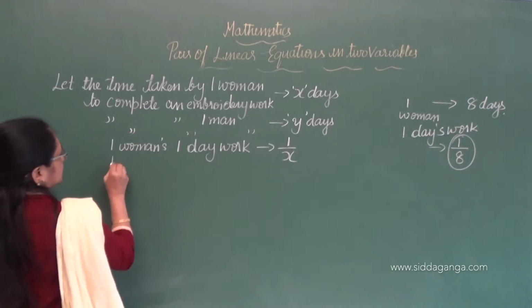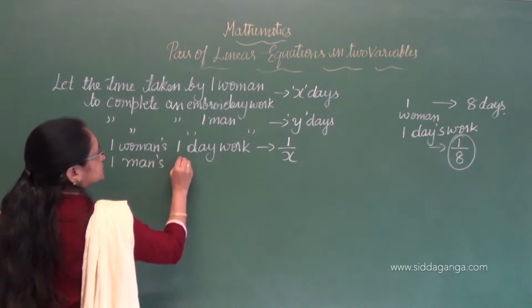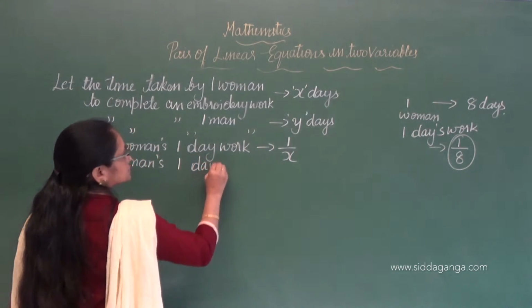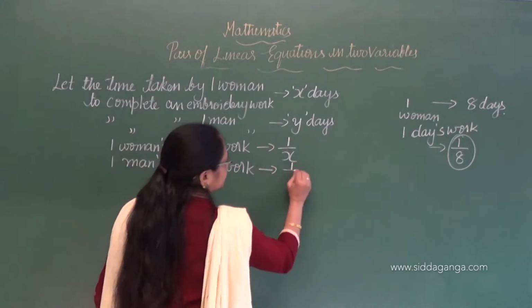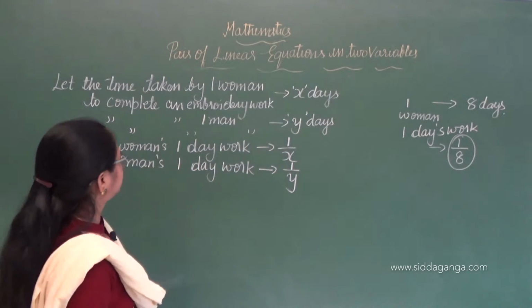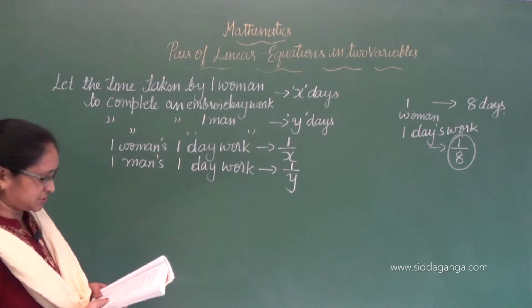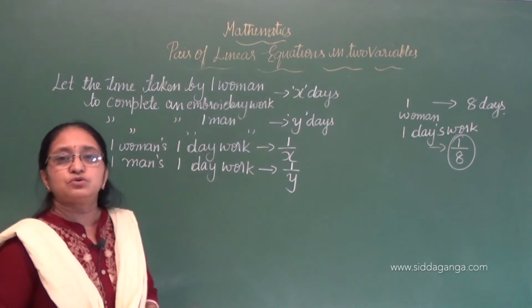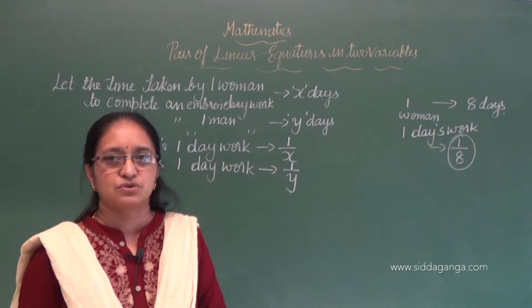Next, the same way, one man's 1 day work, how much? That will definitely be 1 by Y. Now, according to the first situation, 2 women and 5 men together worked.